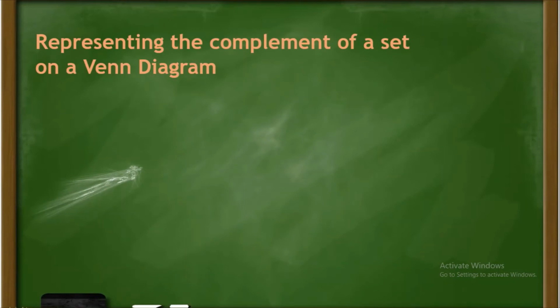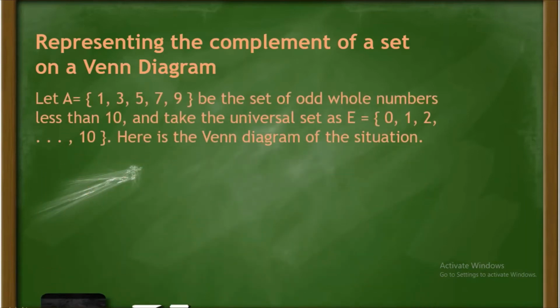Here we have representing the complement of a set on a Venn diagram. So, as you learned from our previous video, we have how to get the complement of a set. So here we are going to represent it using a Venn diagram.